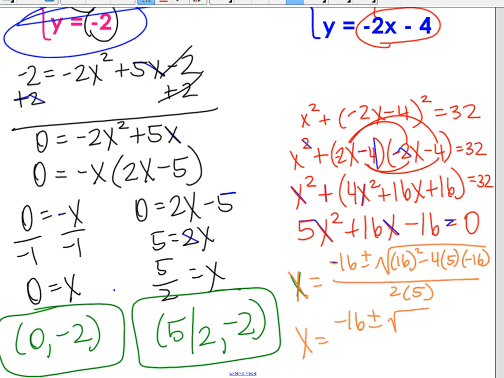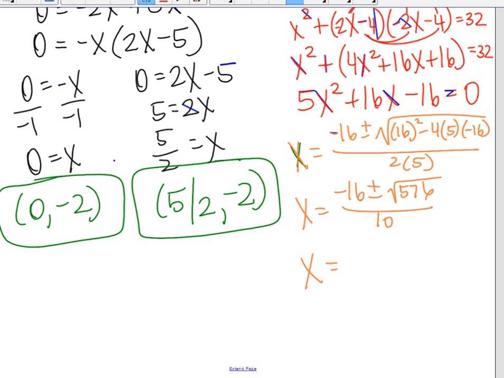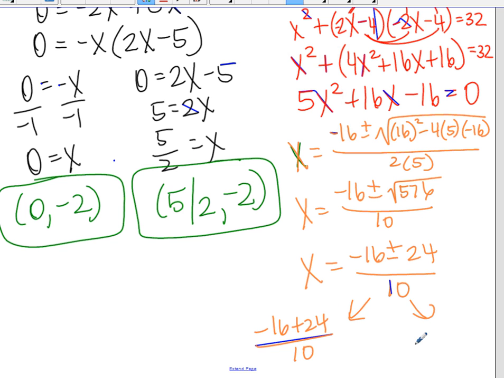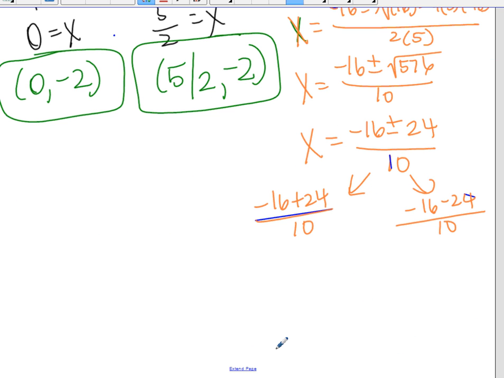And you get 576, so this totally would have factored. All over 10. That's just apparently being extra lazy. Because the square root of 576 is 24. So you have -16 plus or minus 24 over 10. So -16 plus 24 over 10 and -16 minus 24 over 10.